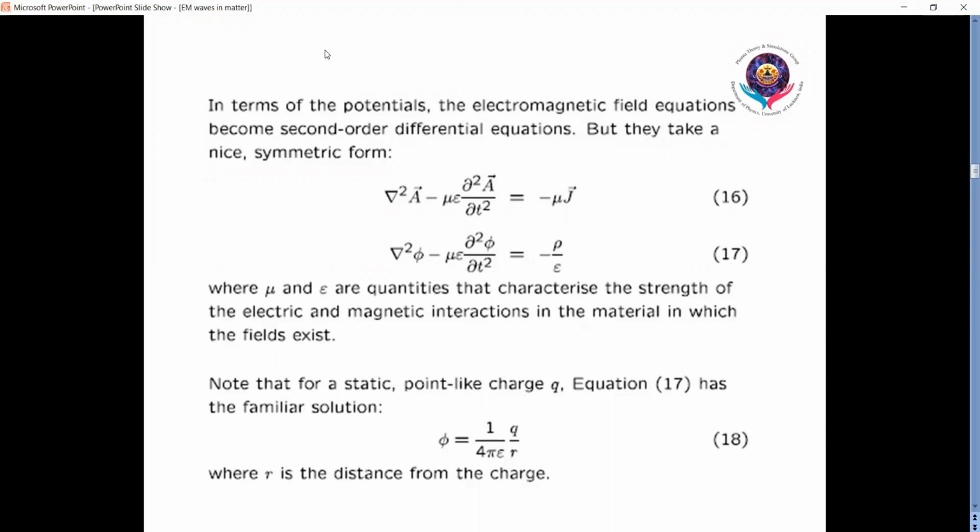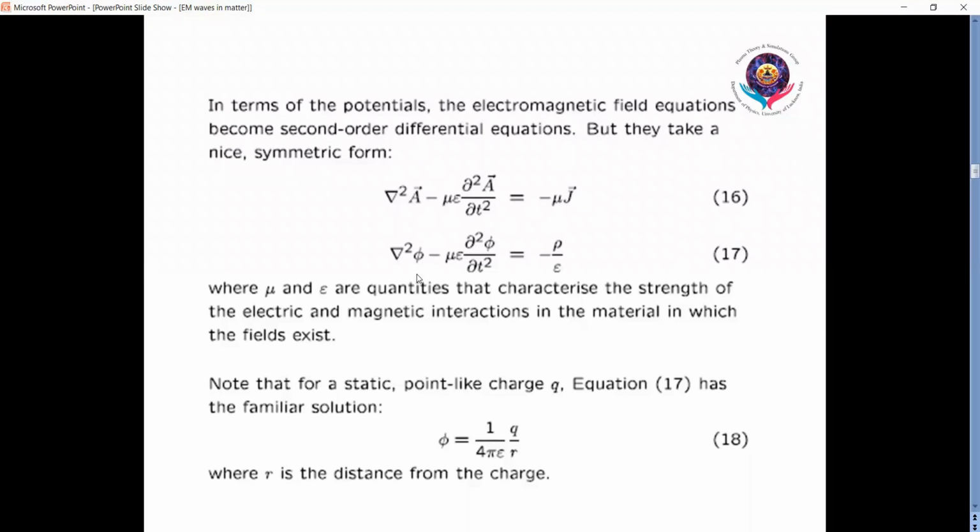One is in terms of the vector potential and the other is in terms of the scalar potential. These are the coupled equations which govern the propagation of electromagnetic waves. These are also called equations of telegraphy.